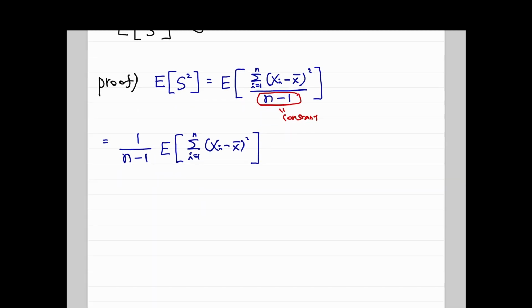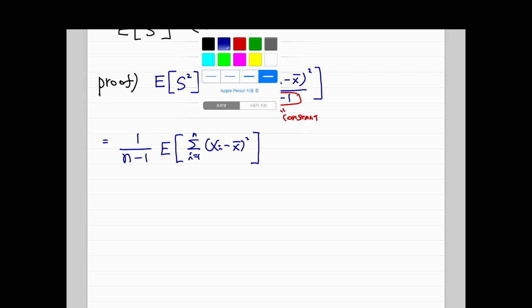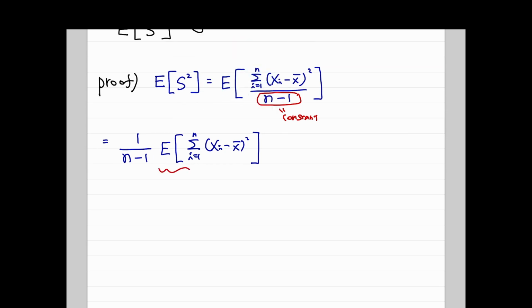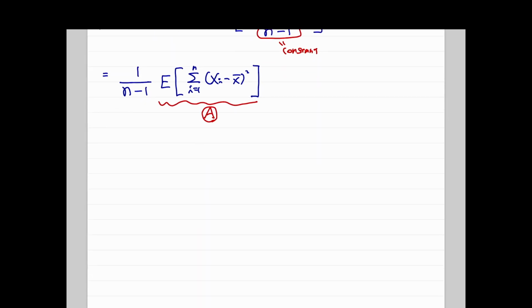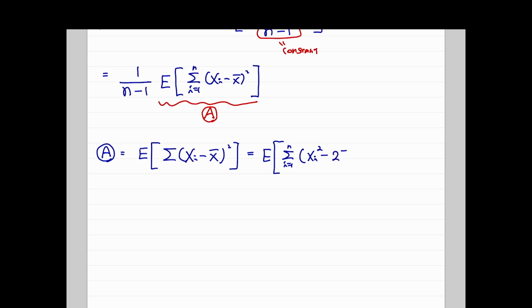Okay, and then I'll replace the expected value with the letter large A. So the large A equals this.